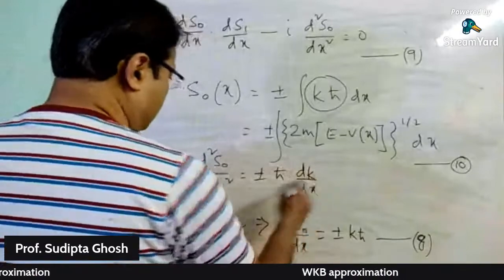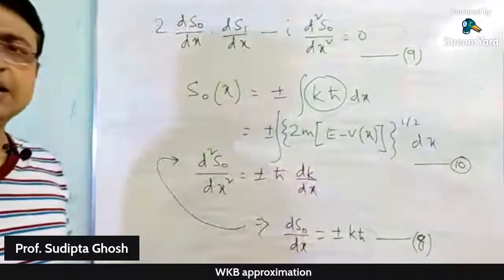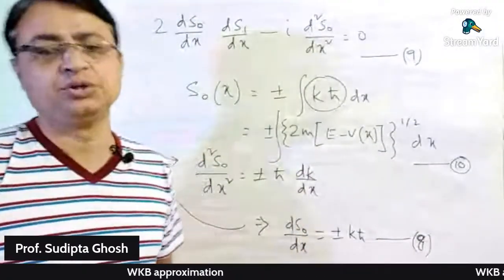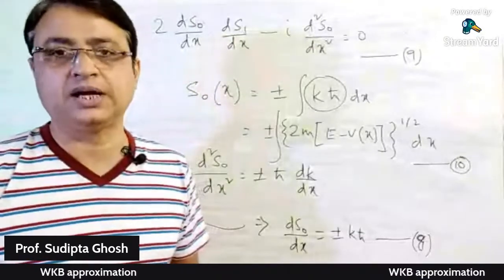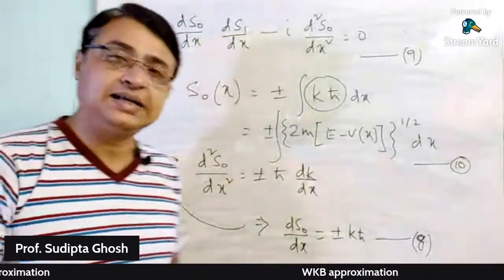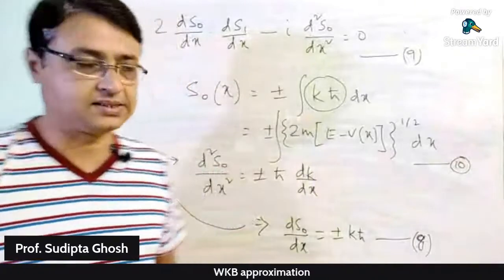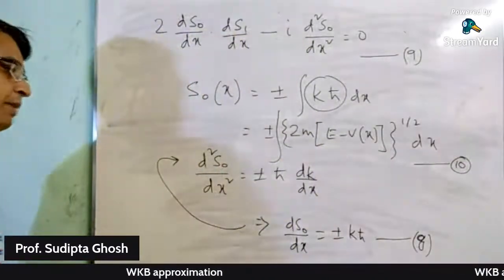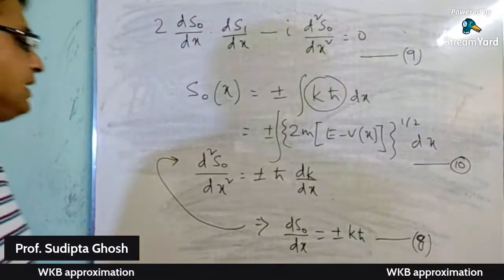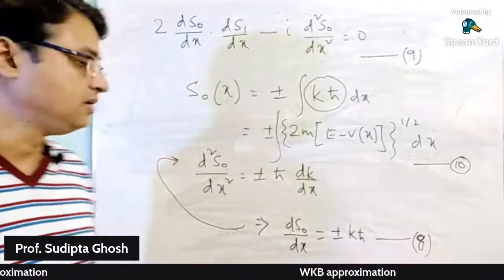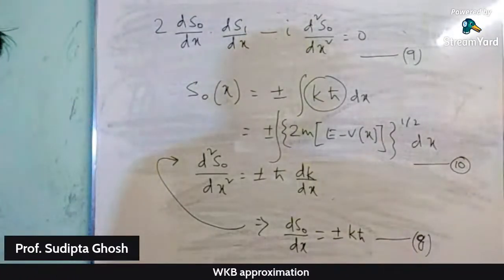Now here, as you know, k should be a differentiable function because k contains the term V(x). So k is a function dependent on x, and so I can get the differentiation dk/dx.